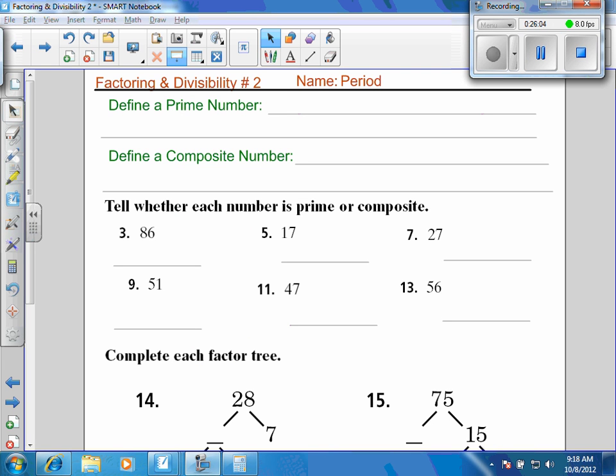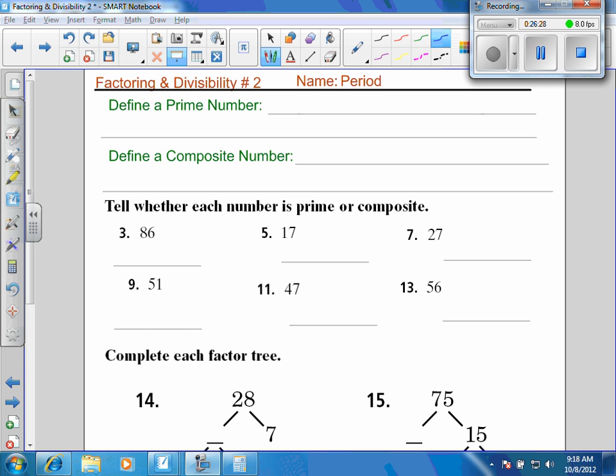So Mark, what's the definition of a prime number? How could you write a definition there? A prime number is a number that you can only times by 1 and itself. Okay, how are you going to say it? Use some of the other vocabulary words. The only factor is 1.